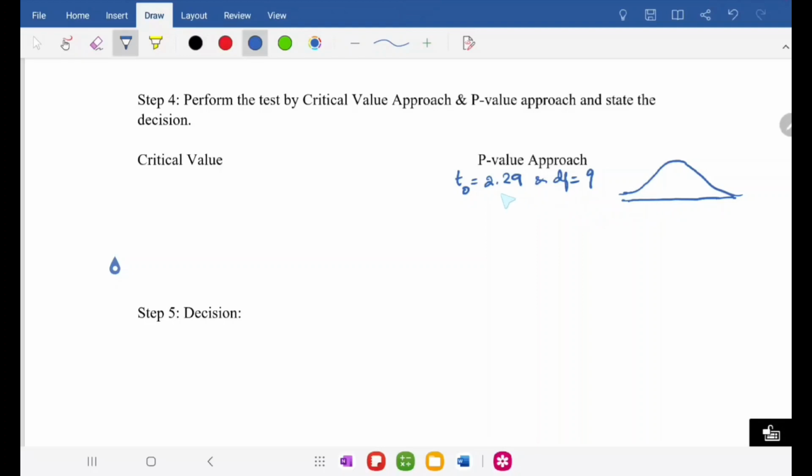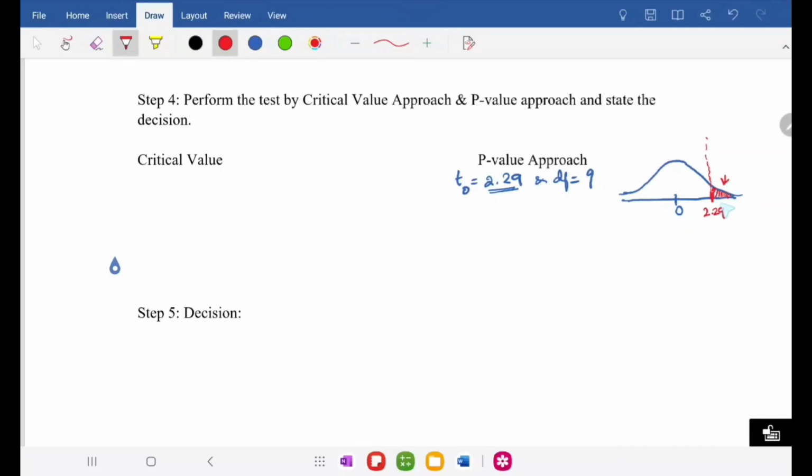What we need to do is locate 2.29, the test statistic value, on our scale here, on our diagram. So it's positive 2.29. If 0 is here, then 2.29 is going to be way to the right, maybe somewhere here. Extend the line to touch the curve, and the area that falls to the right is going to represent the p-value.